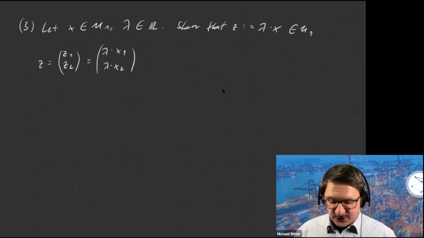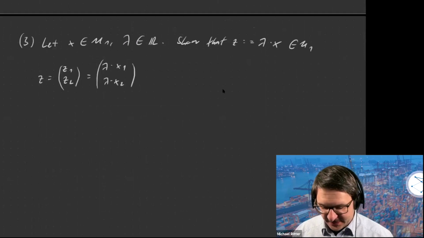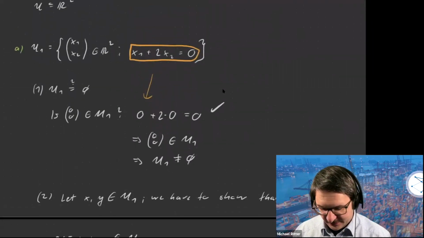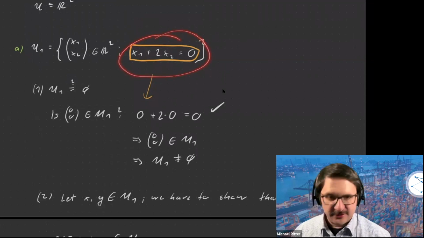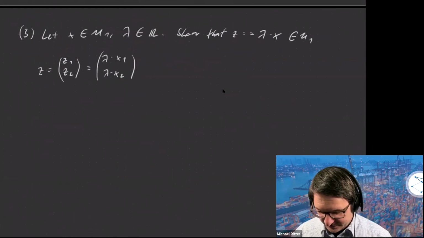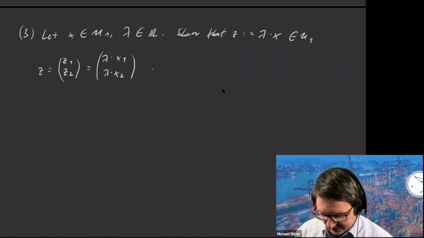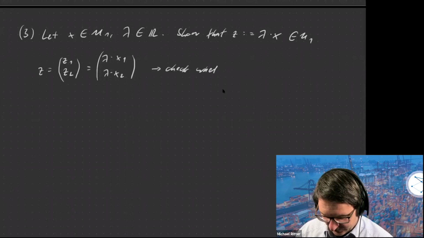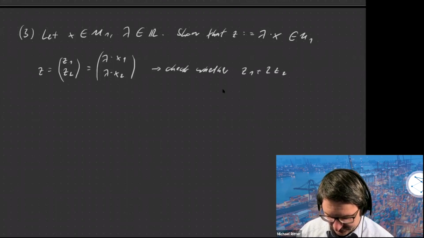So again, we need to check the property of a vector space. Again, remember that was this property here. So the question is, does C fulfill that property? So we check whether C1 plus 2C2 equals 0.